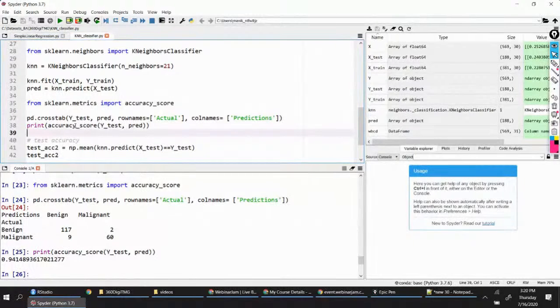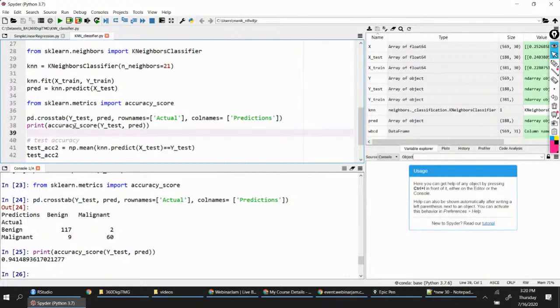That means if you ask this KNN model to predict on new patients whether they have cancer or not, benign and malignant, the model is able to predict correctly for 94 people out of 100.